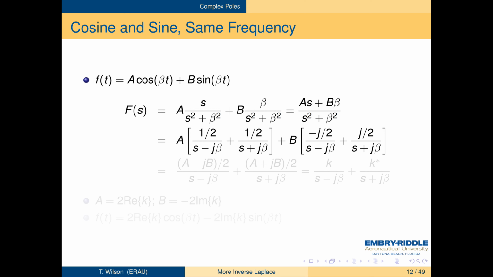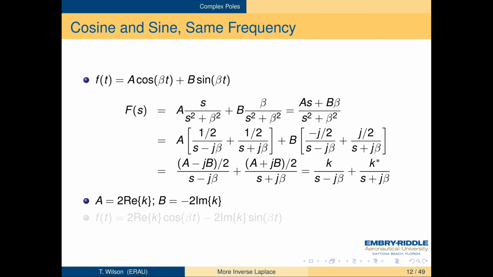When expressed in terms of the residue at j beta, it will be the sum of the residue from the cosine term and the sine term, and similarly for the residue at minus j beta. For real valued f of t, the residues at j beta and minus j beta will always come in conjugate pairs. If we call the residue at j beta, the pole with a positive imaginary part, k, then the residue at minus j beta is k conjugate.